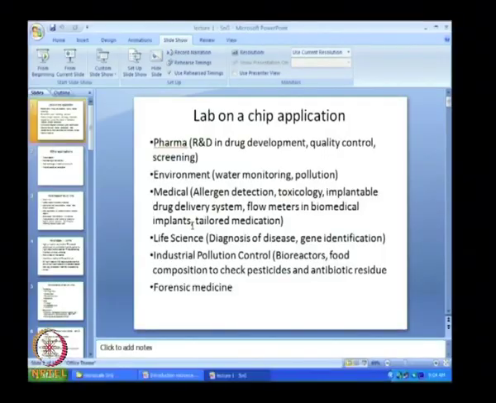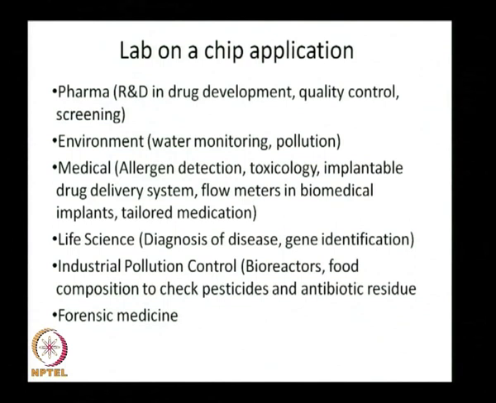What I will do next is try to identify some of the application areas where these microscale processes will be useful. Number one, let me identify the lab on chip application, because if I read any review article on microscale processes, I find this lab on a chip is something which people find very promising.